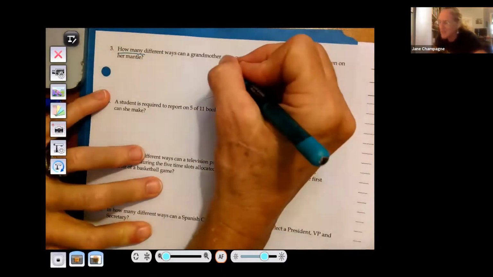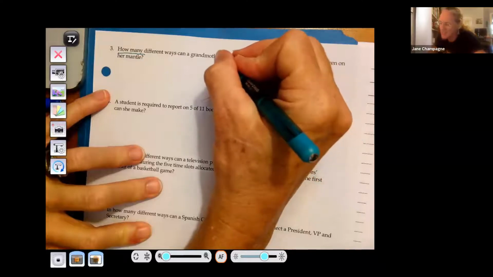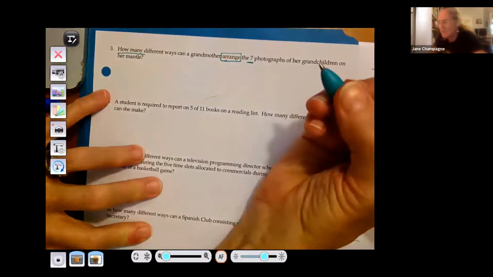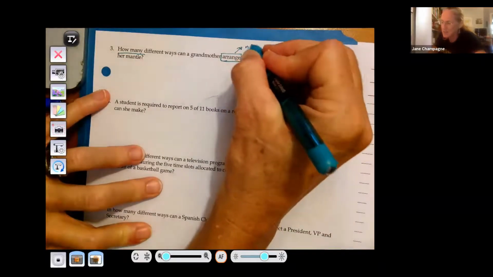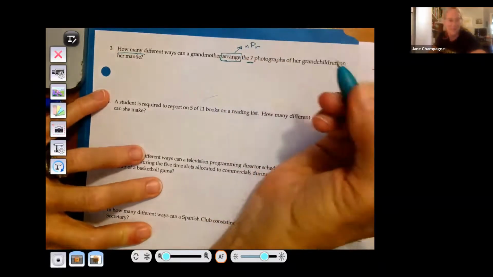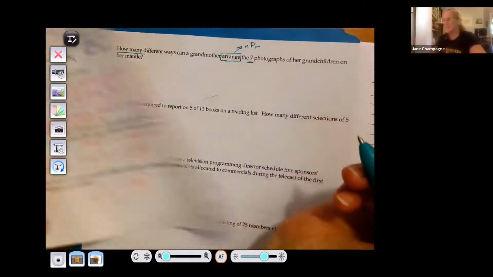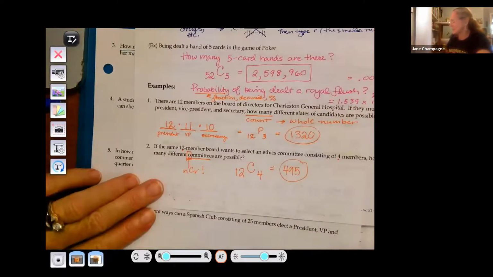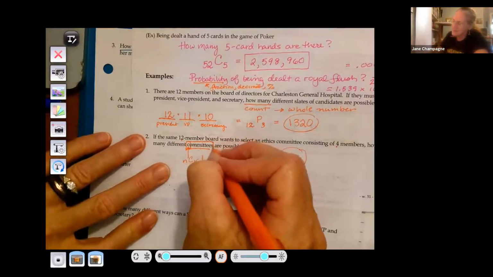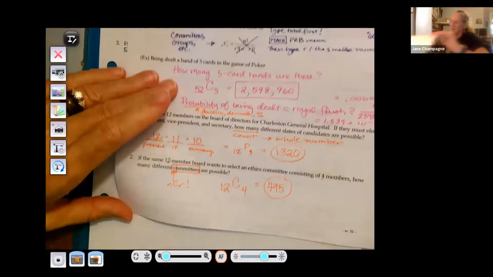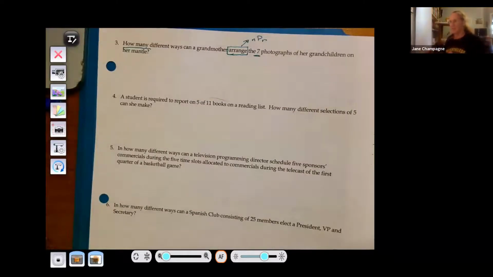And this word right here is important, arrange. That is a key word for permutation, nPr. Committee is a key word for nCr. Arrange is a key word for nPr, because when you're arranging, you're putting into position.